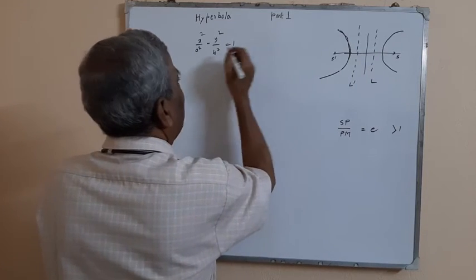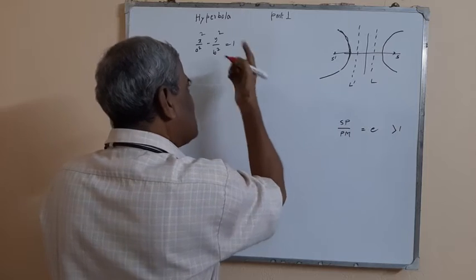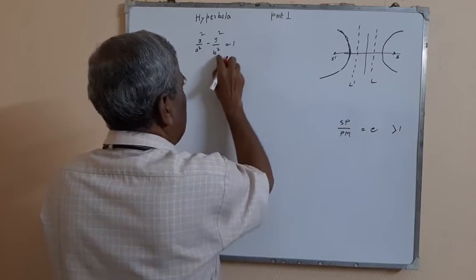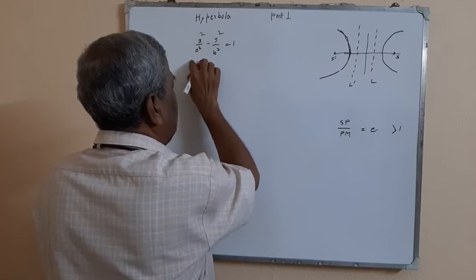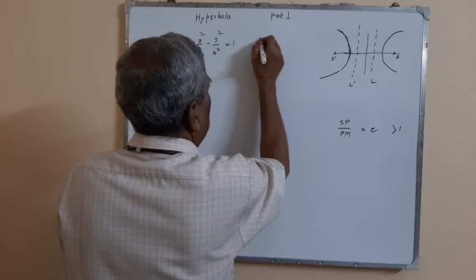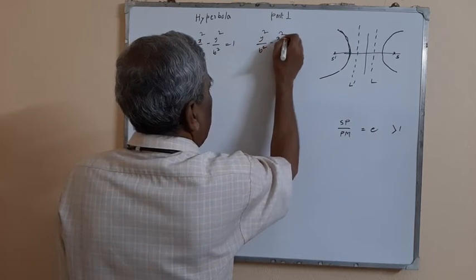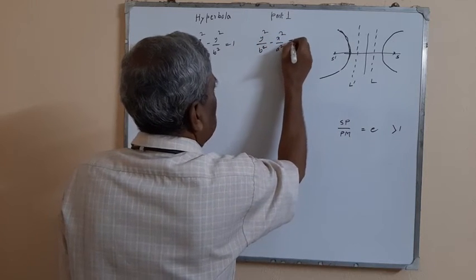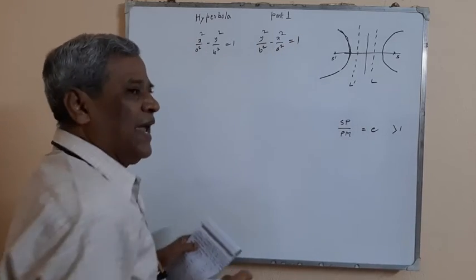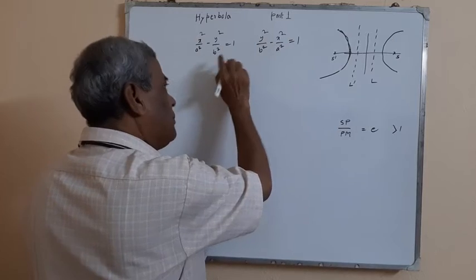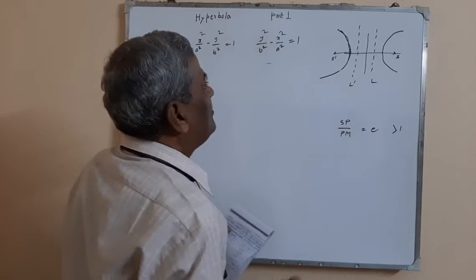And if 1 is replaced by minus 1, that is if y square by b square minus x square by a square is equal to 1, this is another hyperbola called conjugate hyperbola, conjugate to that.